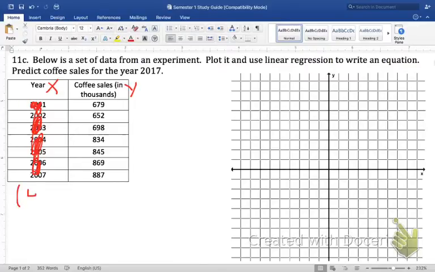So I get 4 and 780 and 57 hundredths. Okay, so there's my balance point.